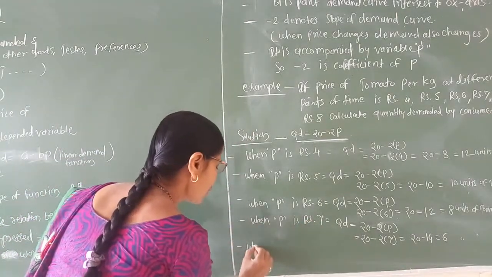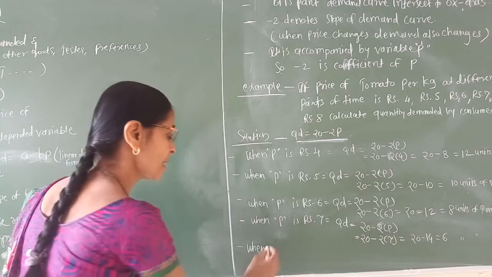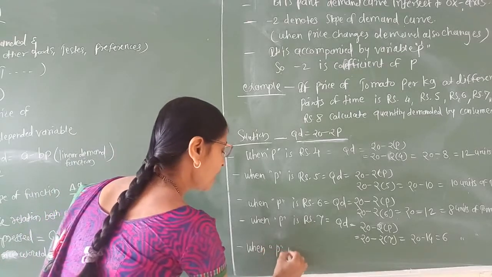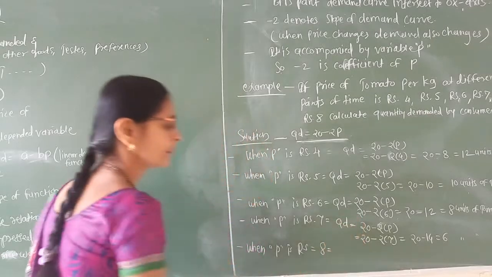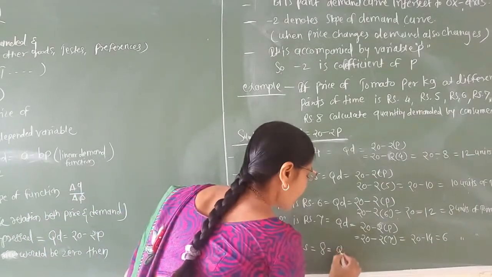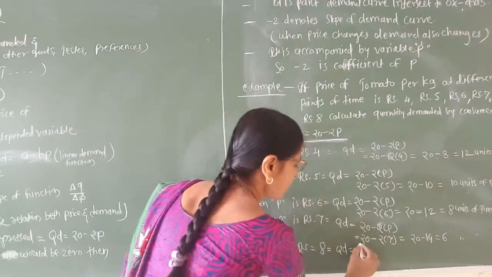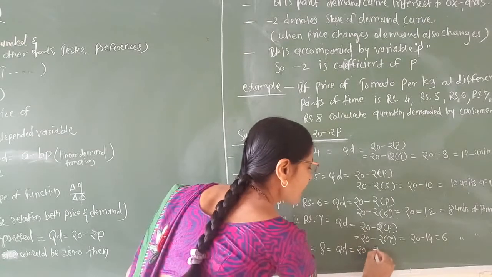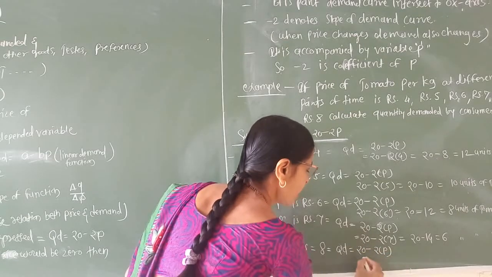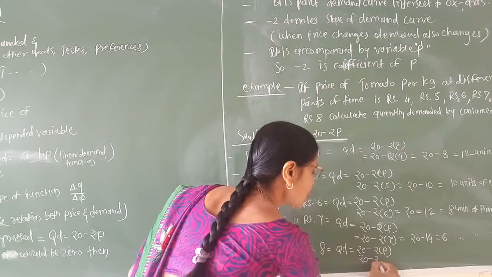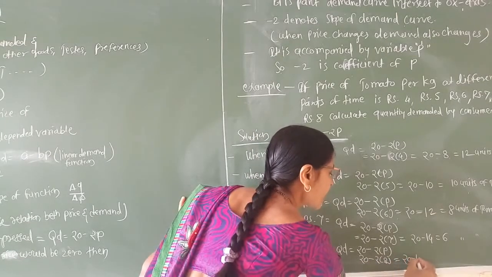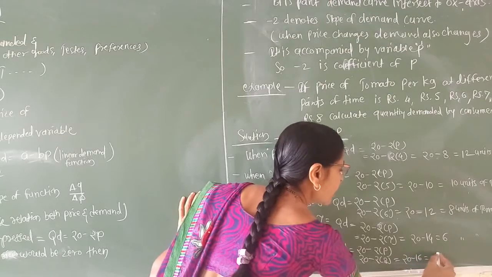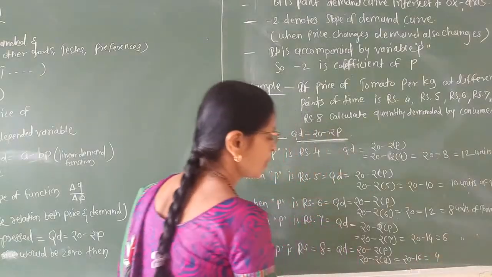If the price increases to rupees 8, the quantity demanded is 20 minus 2 into 8, which is 20 minus 16, so only 4 units.